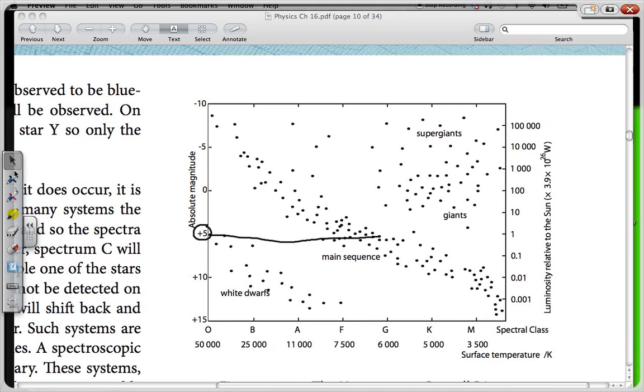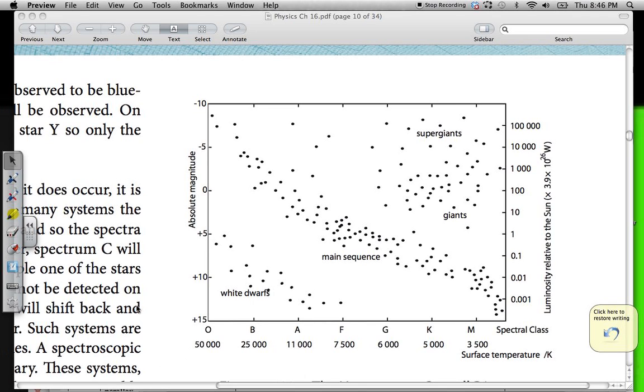So what's really important about this diagram is that scientists and astronomers can identify a star, and by looking at the radiation from the star, from looking at its spectrum, they can see what color the star is.